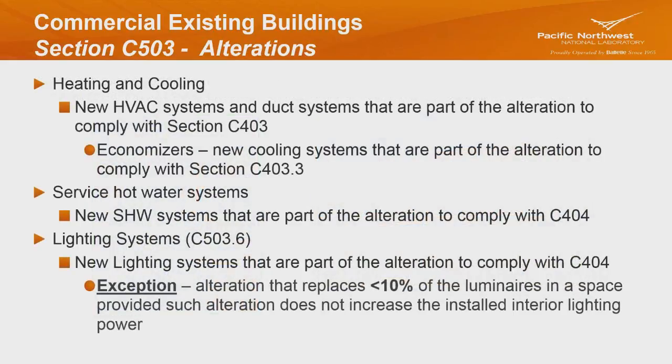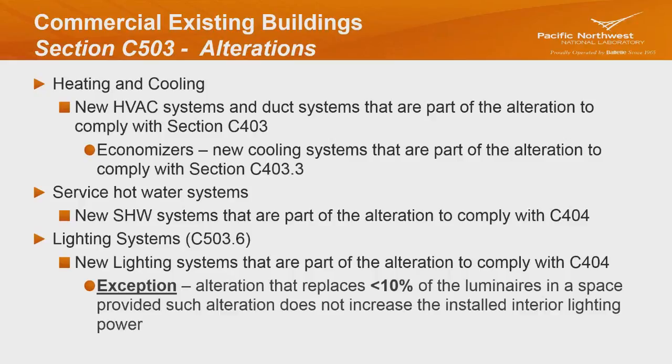Alterations. We have more because I talked about the building envelope, so now let's go into the other ones. If you're altering the HVAC system or the duct system, there are some provisions there. Economizers might come into play depending on your climate zone and the capacity of the system that you are altering. Service water heating, same thing. If you are putting in new service water heating as part of the alteration, then it's fair game.